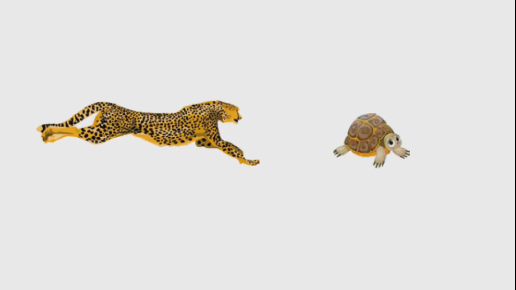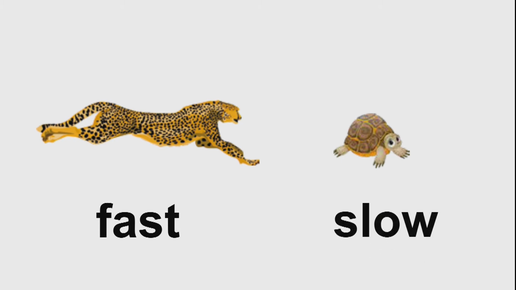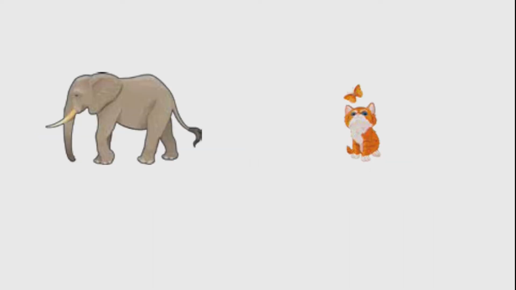A cheetah and a turtle. A cheetah is long, right? What else can we say about it? Yes, it's very fast. Is a turtle fast? No, it's slow. Fast, slow. Look at the elephant. What can you say about it? It's heavy. When something is heavy, is it easy to lift it?